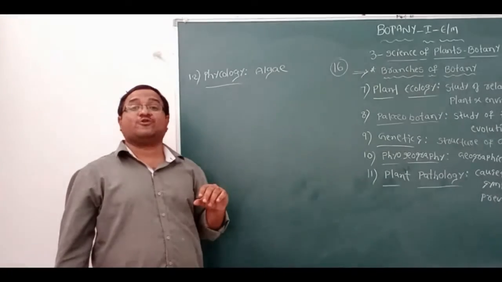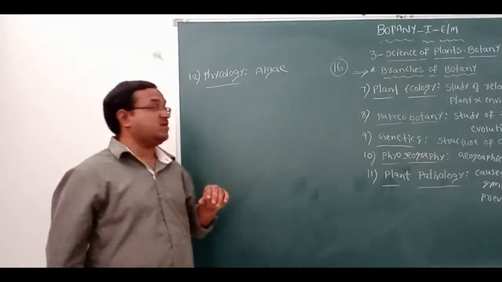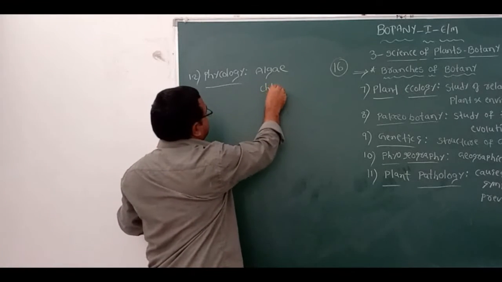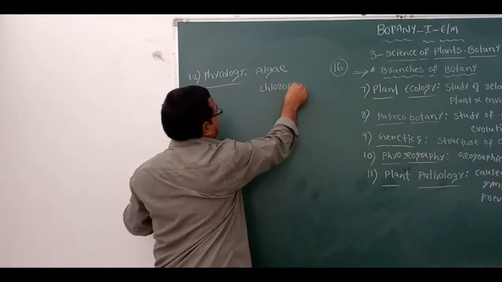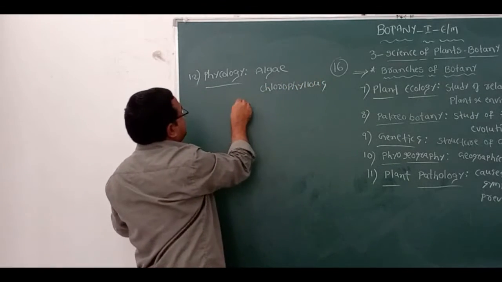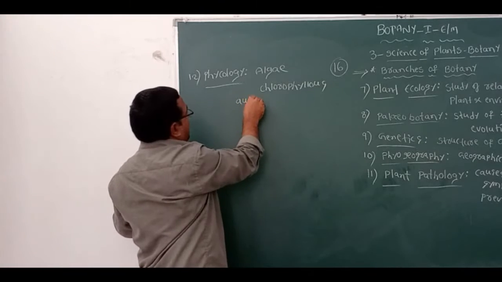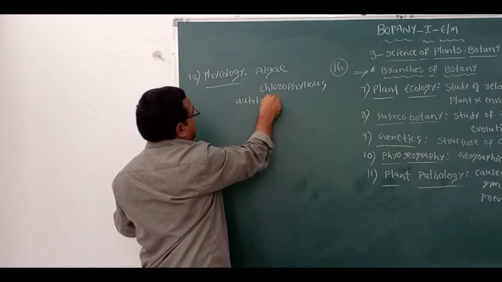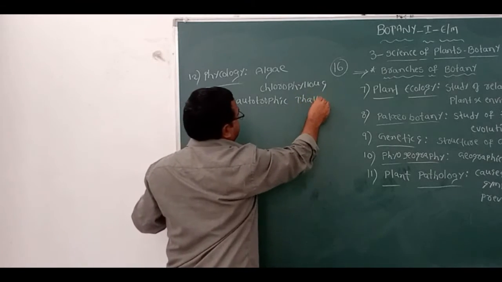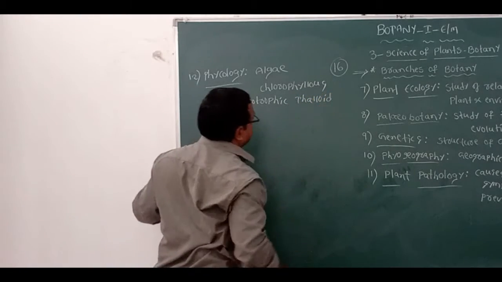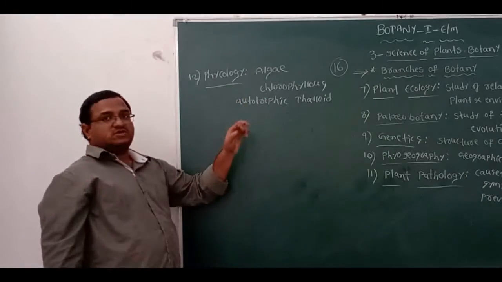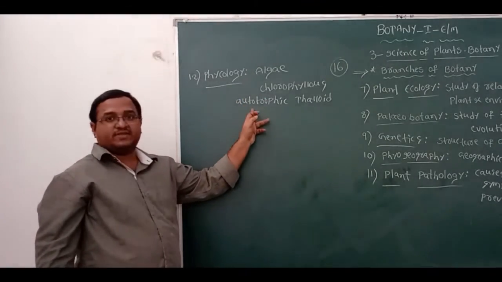Algae are chlorophyllous, autotrophic, thalloid, which can prepare their own food.